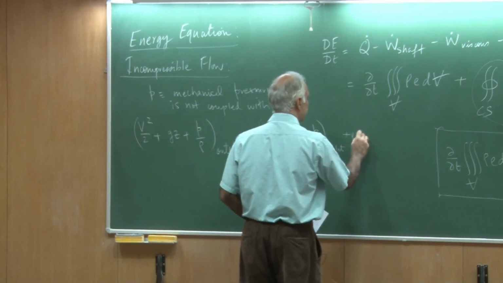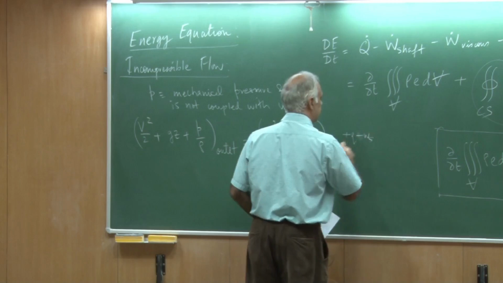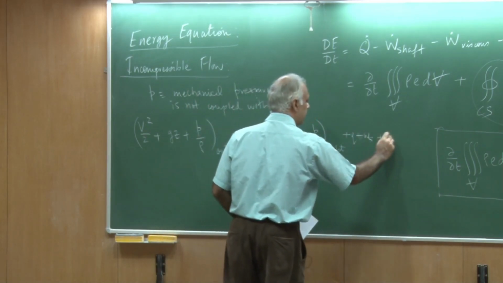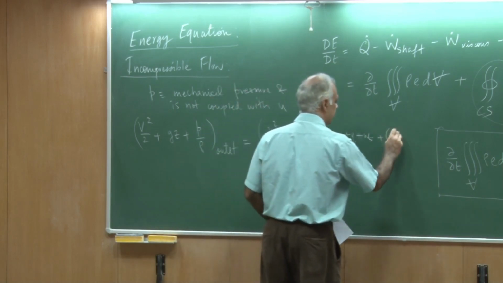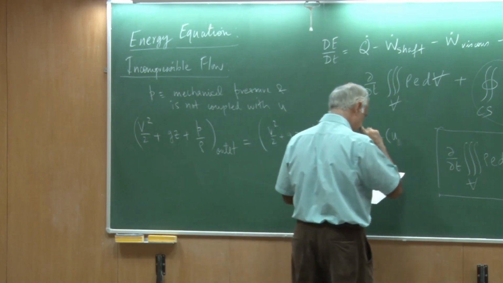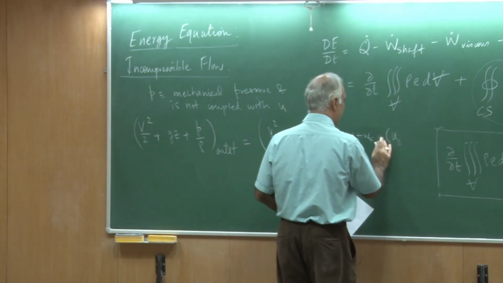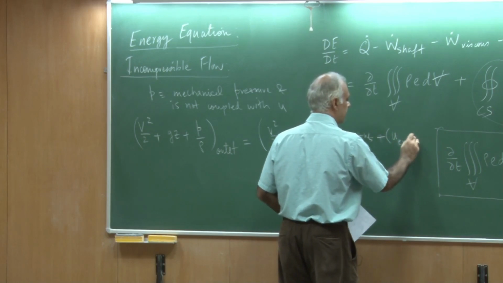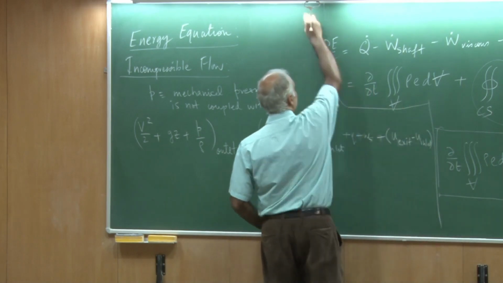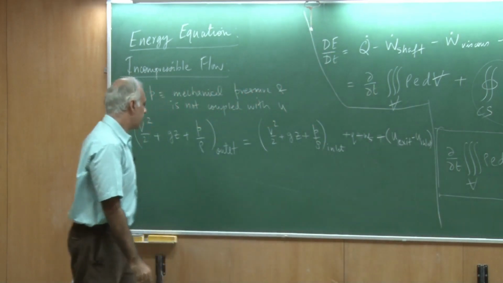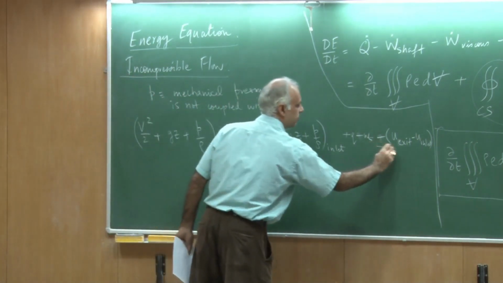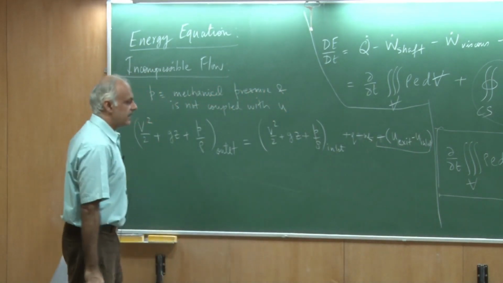So, I would say Q minus Ws, the shaft work, and I would be able to now write plus the U exit minus U inlet. So what I have done is I have taken the internal energy terms from here and put them on the right hand side.